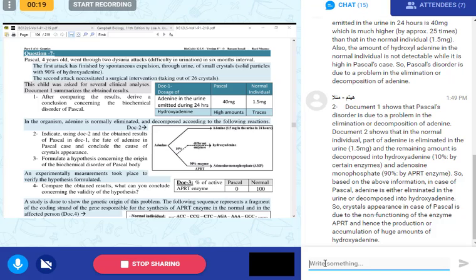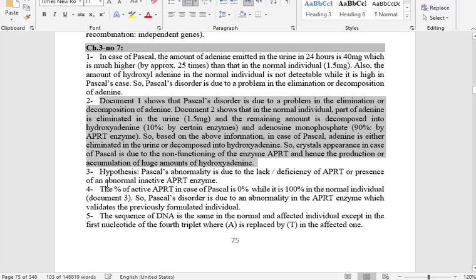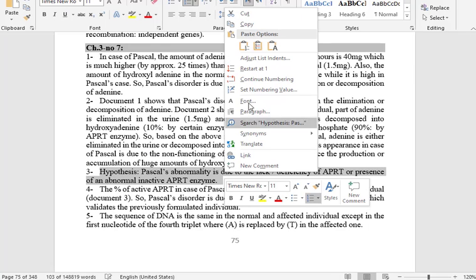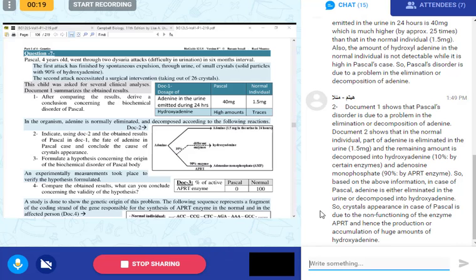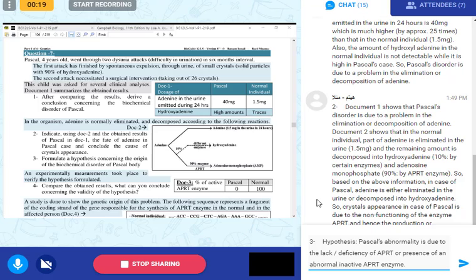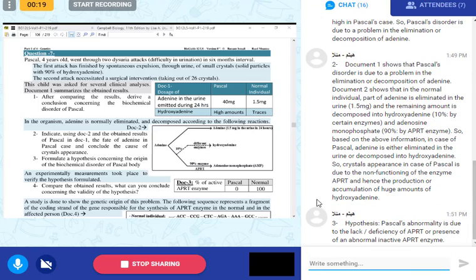Right? Okay. Read question 3 please. Okay, formulate a hypothesis concerning the origin of the biochemical disorder of Pascal's body. Now give me the hypothesis you said. What is the cause of the disorder in Pascal? The disorder of Pascal's body is due to mutation. To the mutation of what? Of the enzyme.